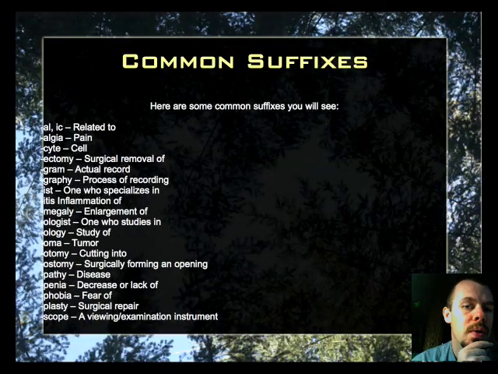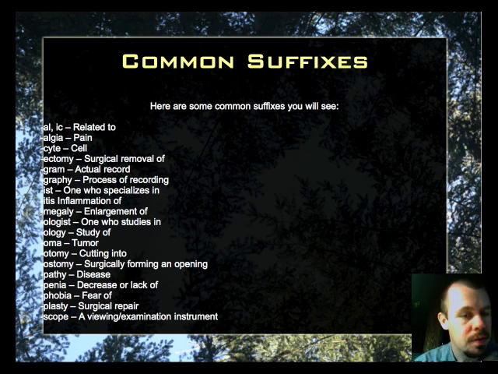Alright, so now we have some common suffixes that you'll see at some point. Al or ic is related to. Algia is pain. Cyte is cell. Ectomy, surgical removal of. Gram, the actual record. Graphy, the process of recording.